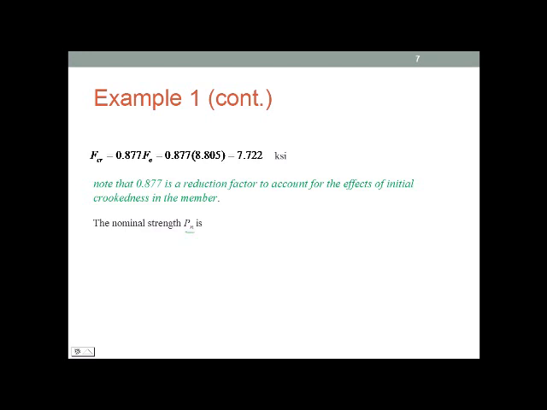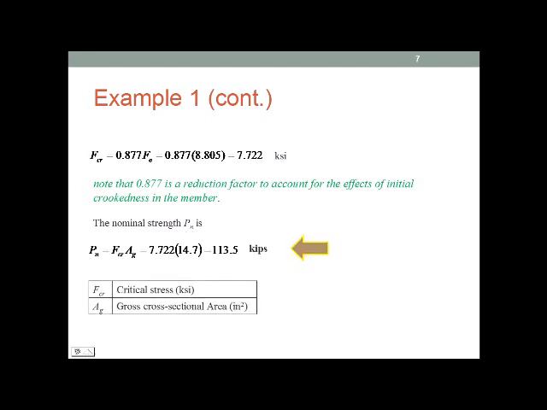Now we are ready to calculate the nominal strength Pn. Pn equals the critical stress times Ag. Ag is the gross cross-sectional area of the member. Now if we substitute for the unknowns, we will get a nominal strength Pn of 113.5 kips.